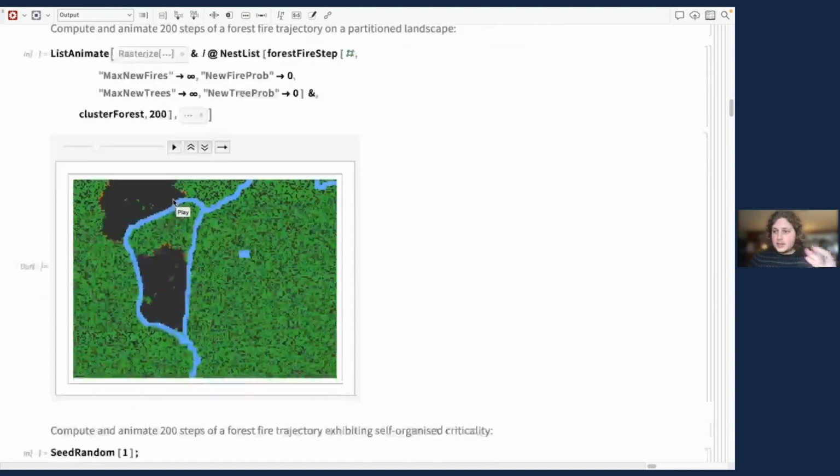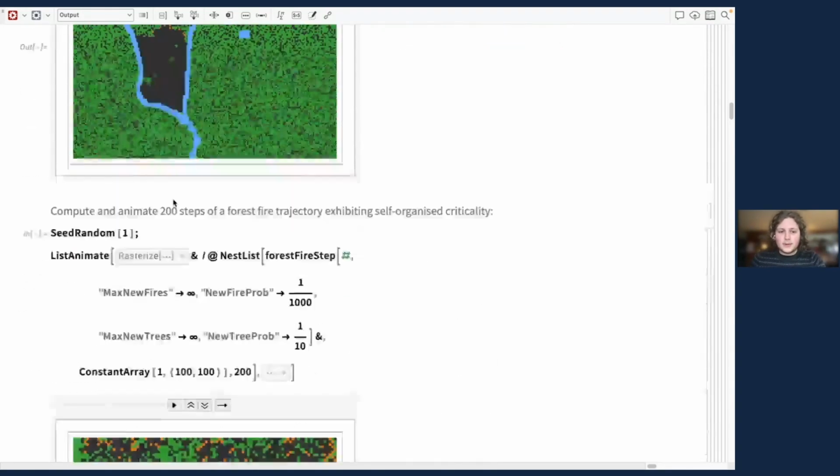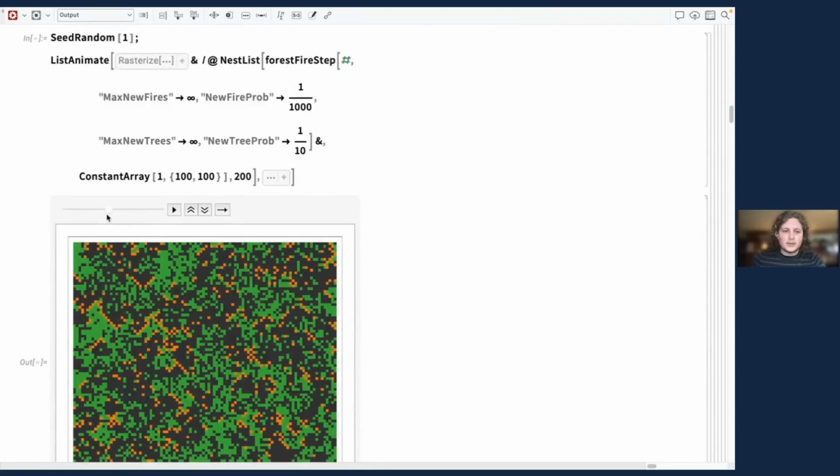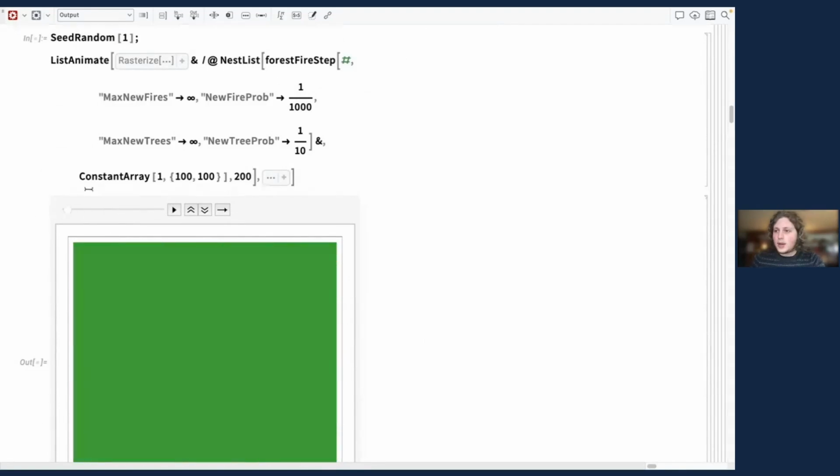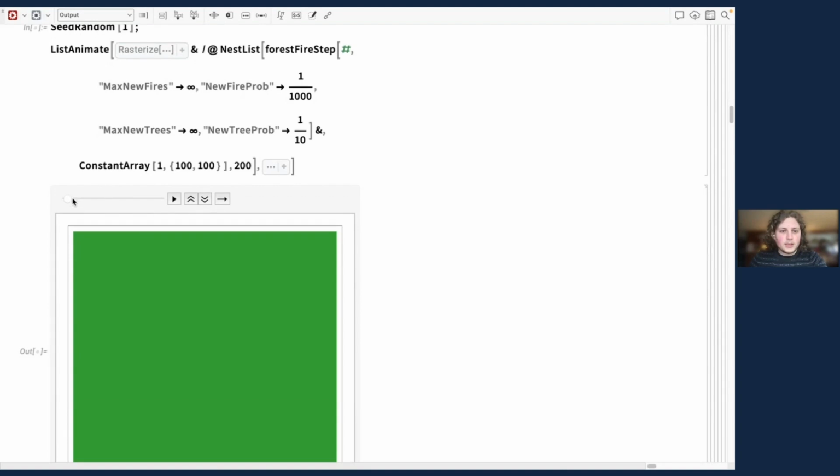So in this particular model, self-organized criticality will occur, as I said, when you have a much larger probability of new trees growing than a probability of new fires starting. So here's an example. The ratio starts to be meaningful usually when it's about 100 times difference.